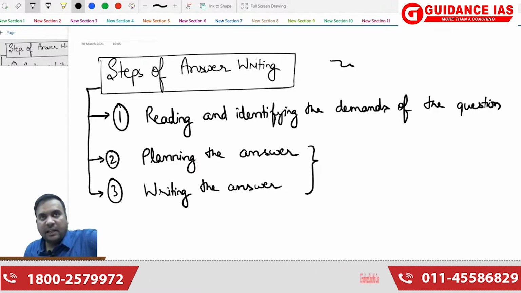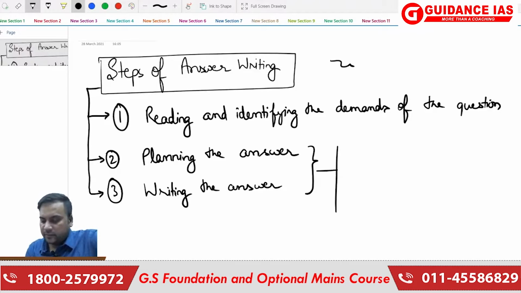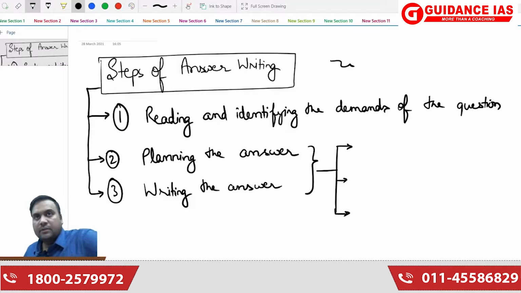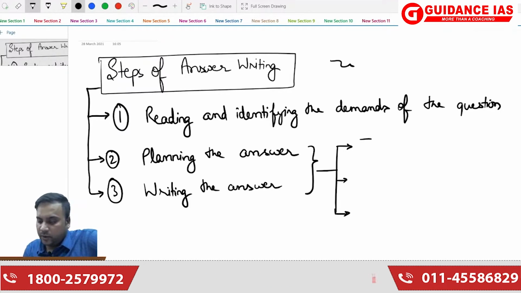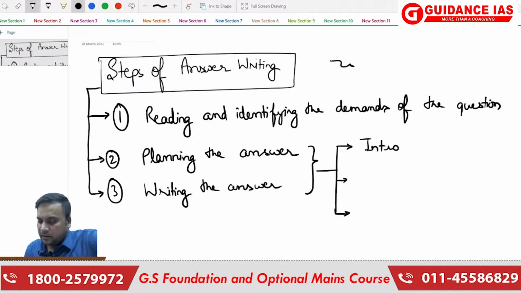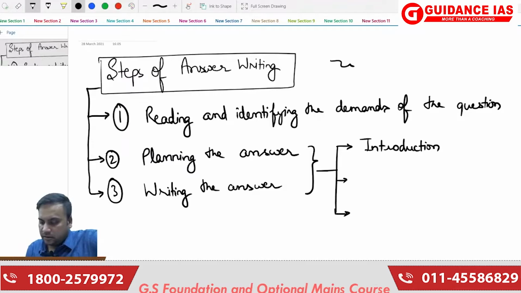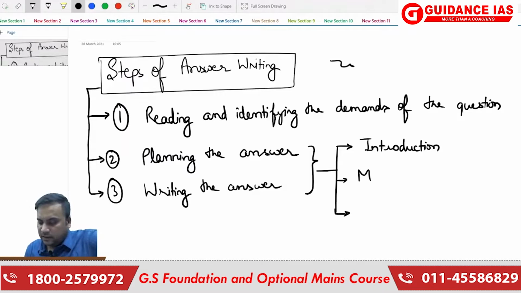And here, when we are planning and writing the answers, very clearly, there are 3 parts of an answer. One is what we call the introduction. Second is what we call the main body.